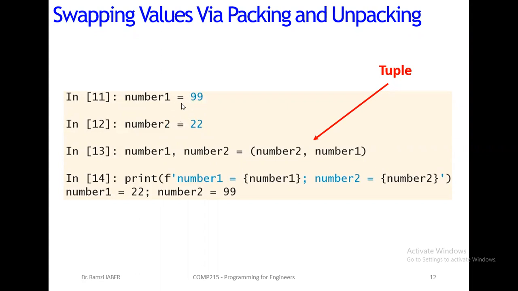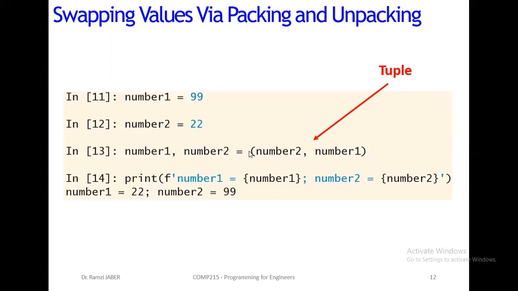We can do it using the packing and unpacking system. So number 1, number 2 equal a tuple or a list, number 2, number 1. So I switch them, okay? Automatically number 1 will be equal to number 2, so number 1 is now 22, and number 2 is now 99.